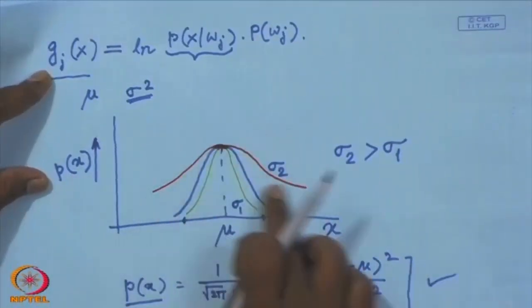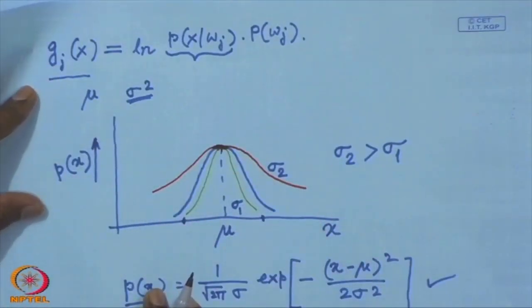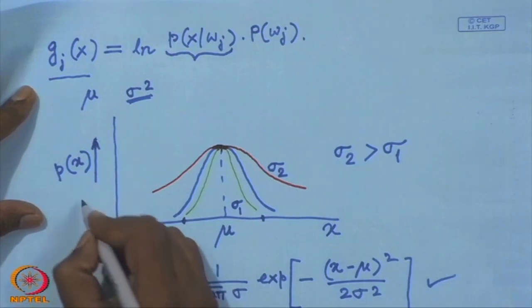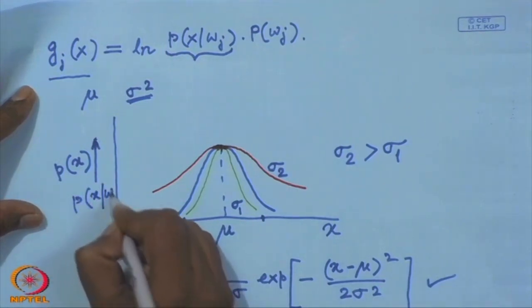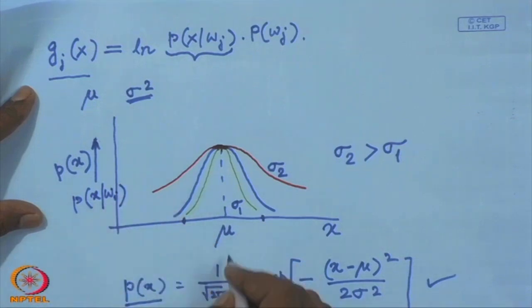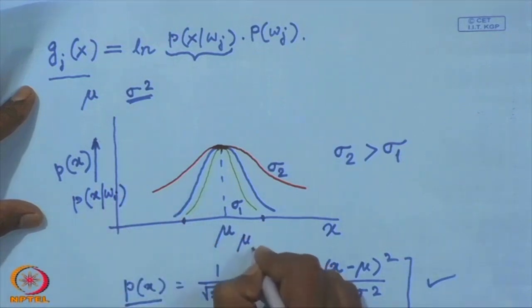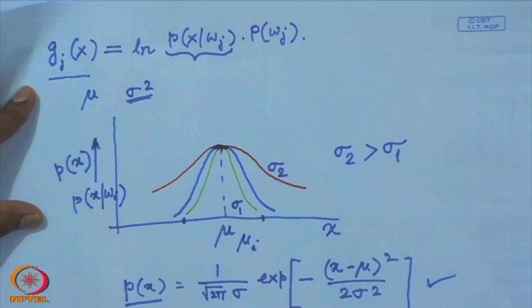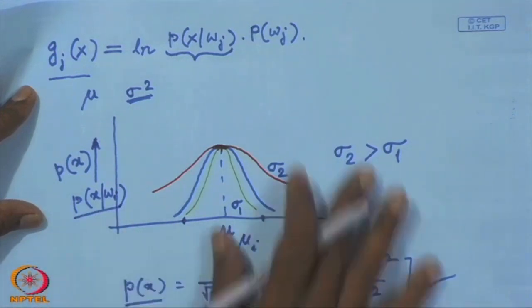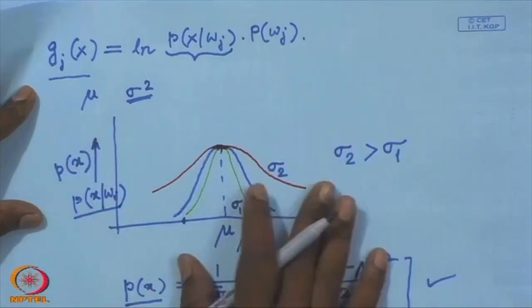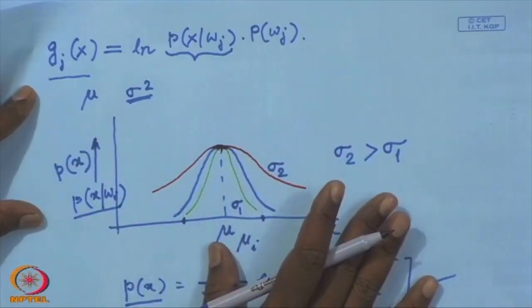The probability density function that I plot simply becomes p of x given omega I, where mu is replaced by mu I, the mean of the samples taken from class omega I, and this is the probability density function of the samples taken from class omega I. So, this is what we have in case of a single variable.